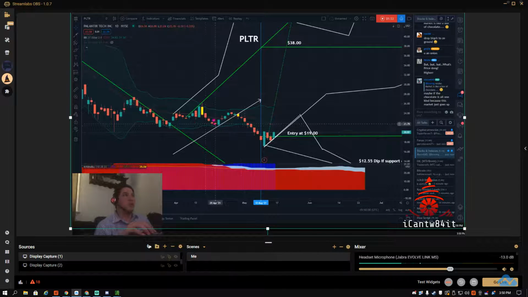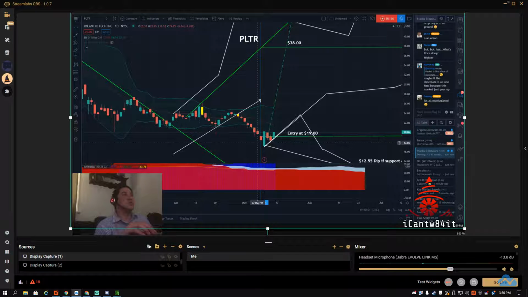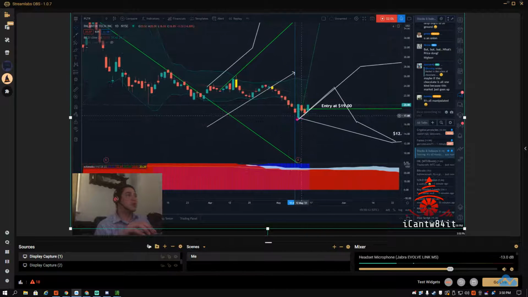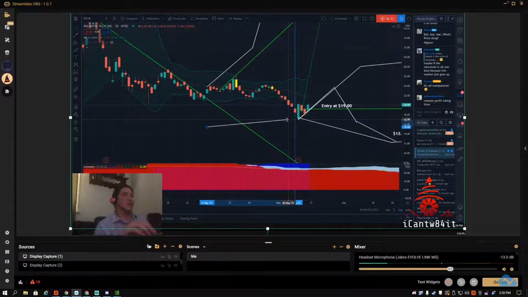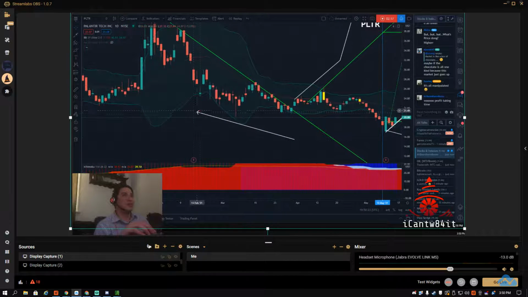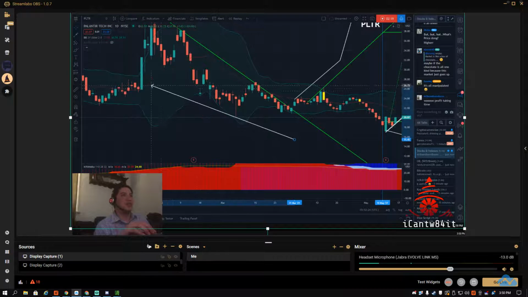And then you wait for this to dip back down into the liquidity area down here and create a new lower low. Once it creates this new lower low, you see this candle right here. Now that is the same as this candle over here.